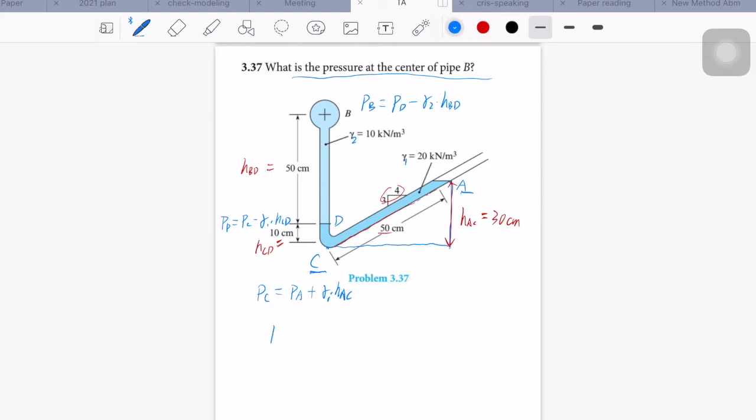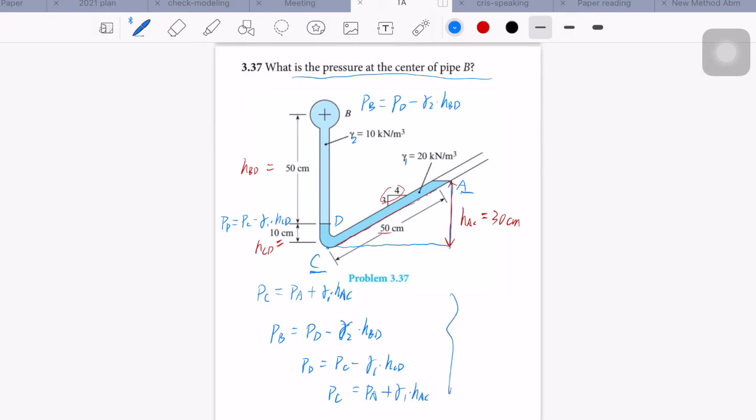We know PB equals PD minus gamma 2 times HBD. And we also know PD equals PC minus gamma 1 times HCD, and PC equals PA plus gamma 1 times HAC.